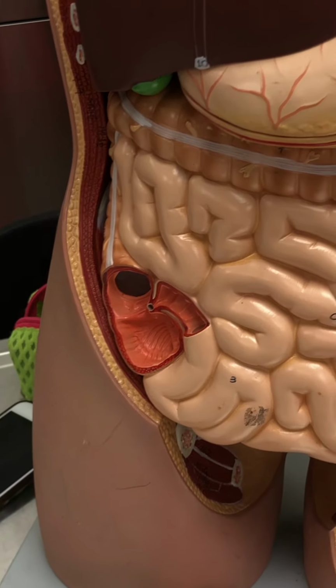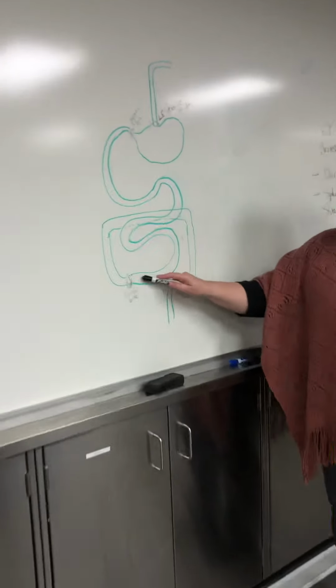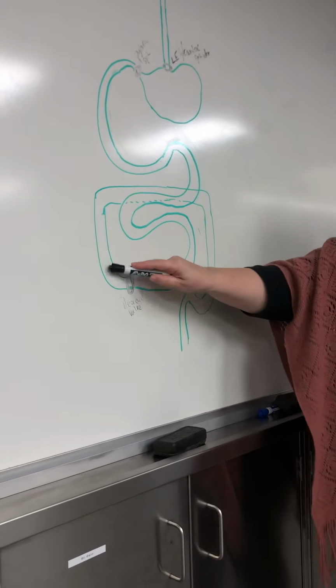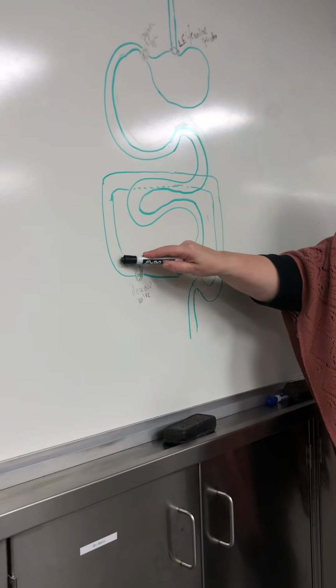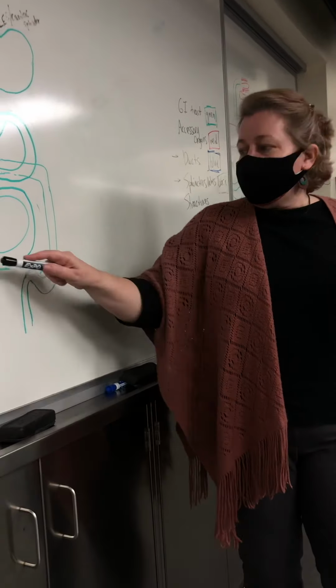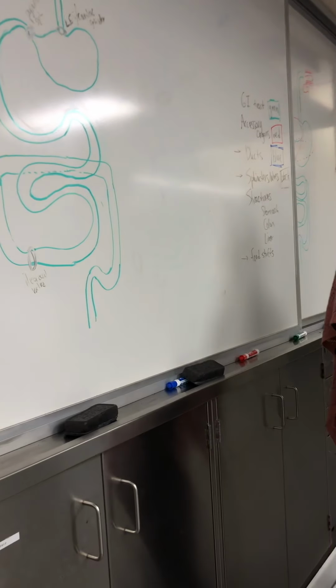And what it is, it's actually right in the name. It is a passage between the ileum of the small intestine, which is the last part of the small intestine, and the cecum of the large intestine, which is the first part of the large intestine. So the ileocecal valve is between the ileum and the cecum. Ileocecal valve.